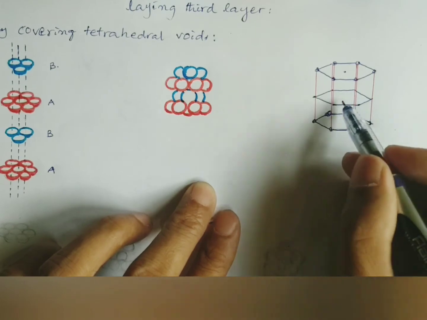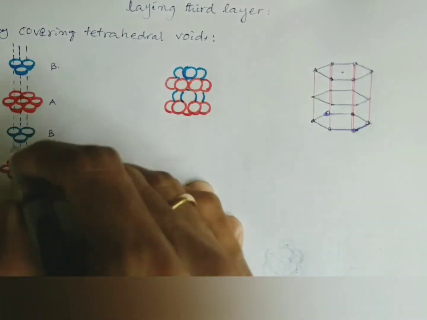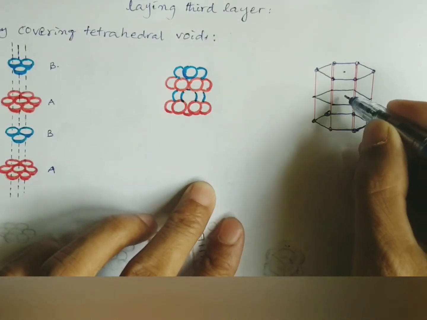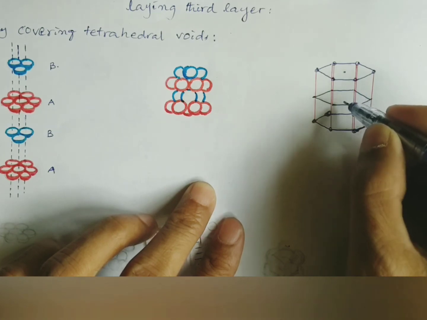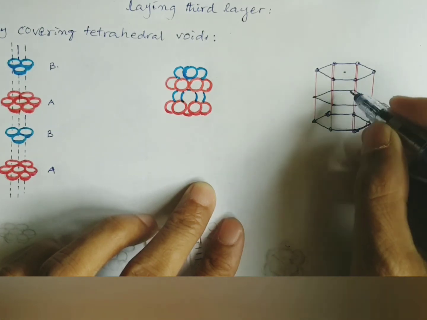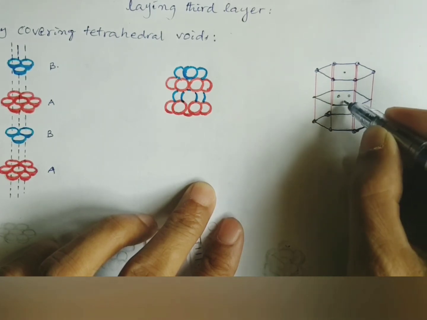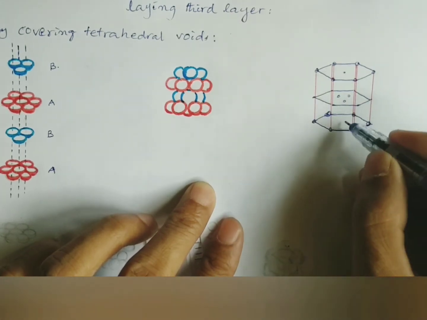And there is another layer that corresponds to this, where the atoms are present in the alternate triangular voids created by the first layer of atoms like this. So they will be present in the body of this hexagonal unit cell.